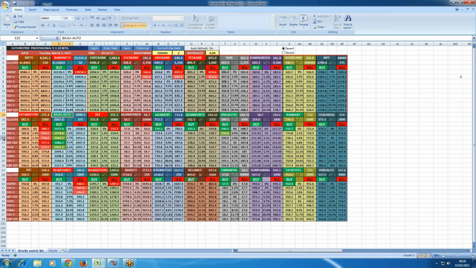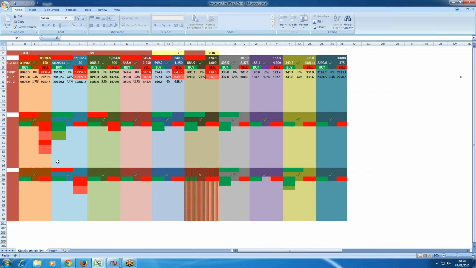So in case a trade starts at the intermediate target, then it's better to avoid that particular call. So we'll ignore Tata Motors and Bajaj Auto for the time being. That is the sell call for Tata Motors and a buy for Bajaj Auto. We'll wait and then see in case we get a call on the other side, that is the sell side for Bajaj Auto or buy side on the Tata Motors.